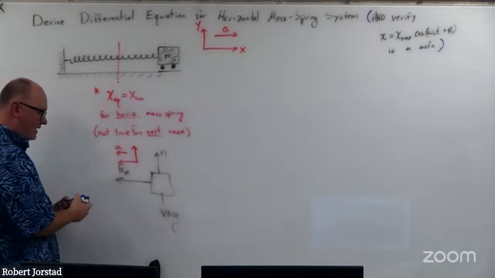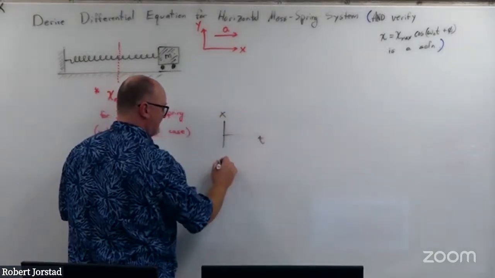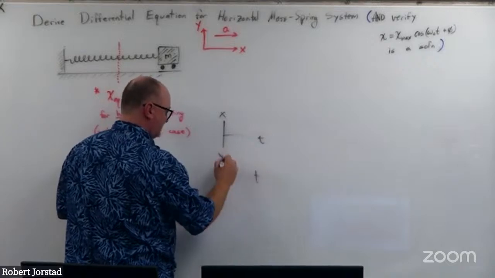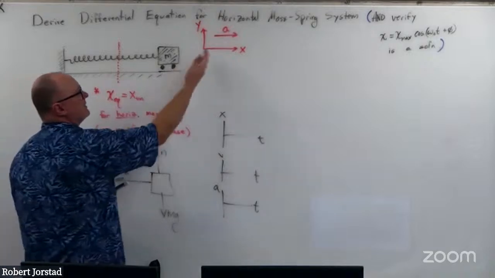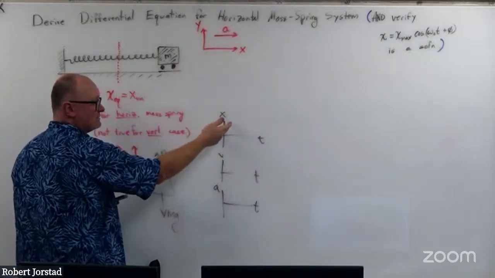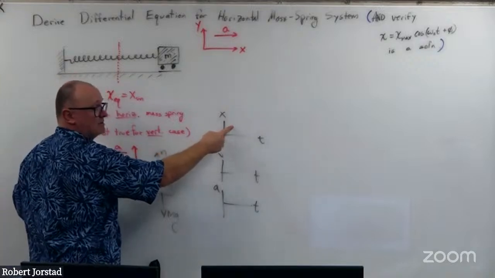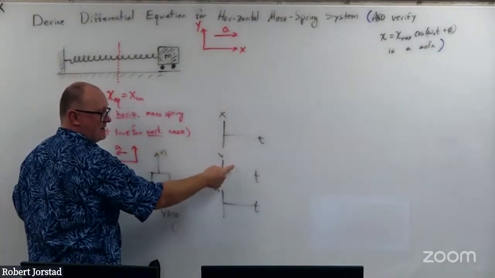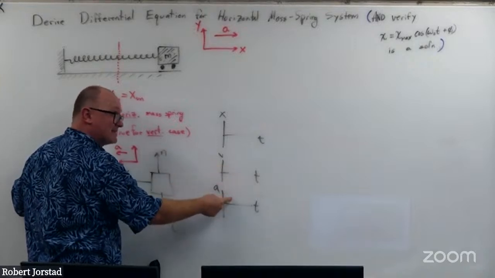However, if we want this to relate to plots of x(t), v(t), and a(t), it helps to use a standard coordinate system, because when we look at these plots, a positive value here means I'm to the right. A positive value here means I'm moving to the right. A positive value here means I'm accelerating to the right.